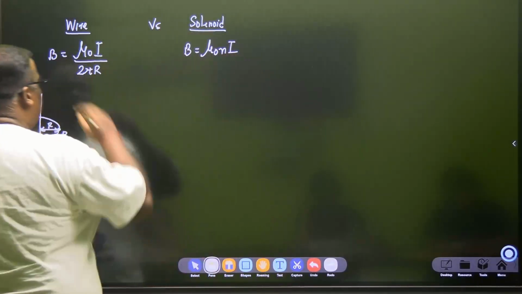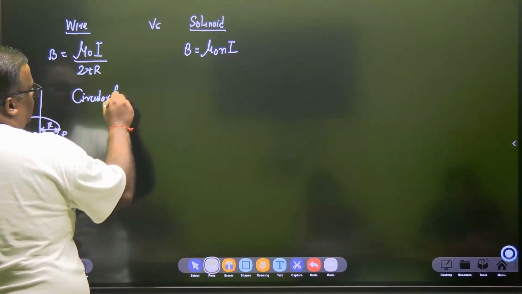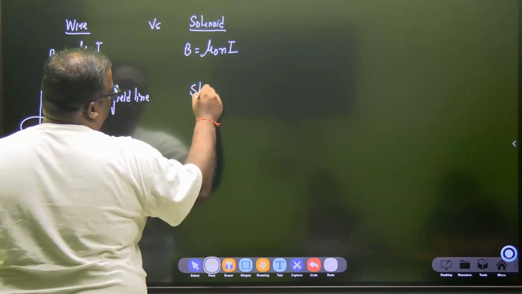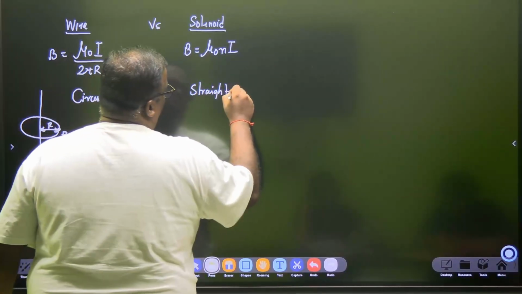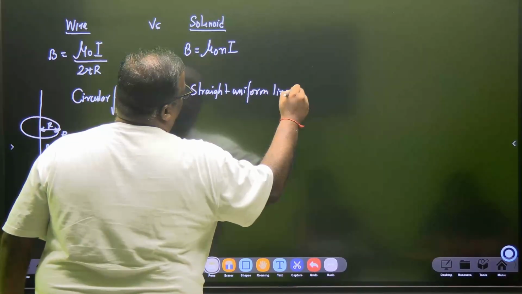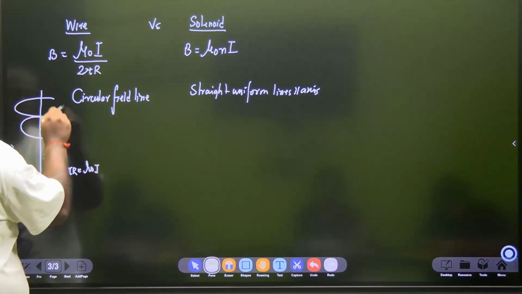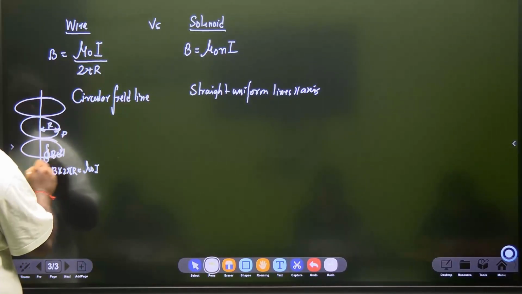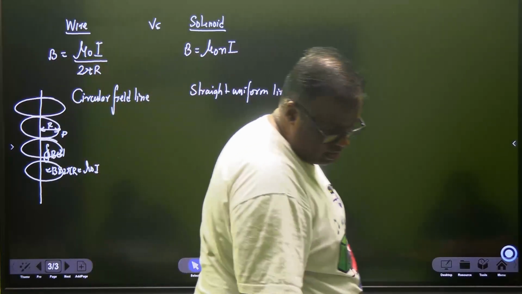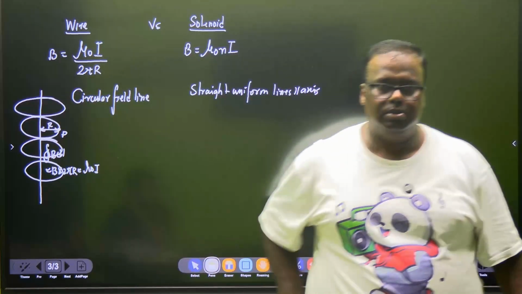About field lines, for the wire we will have circular field lines. And here we will have straight, uniform lines parallel to the axis. These are circular field lines, closed loops.